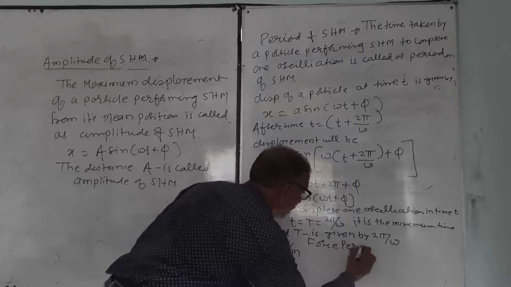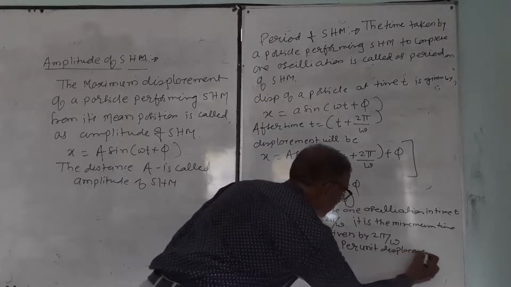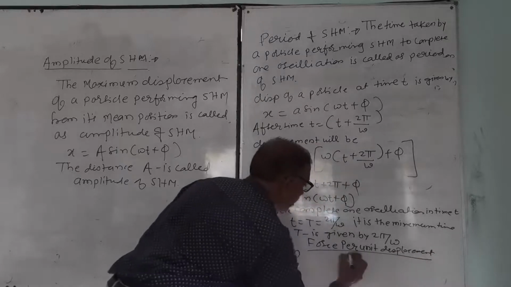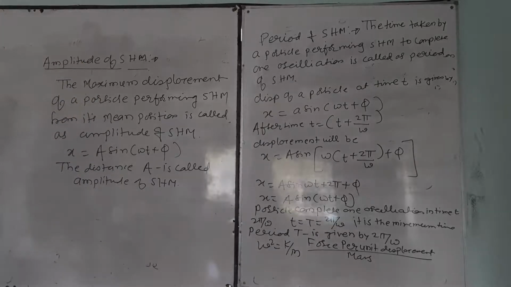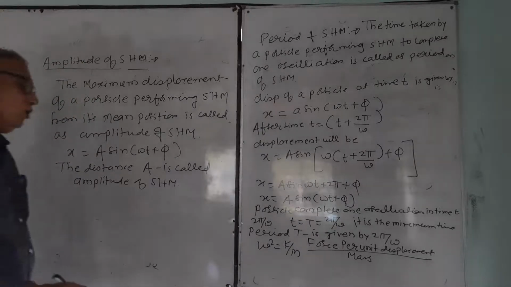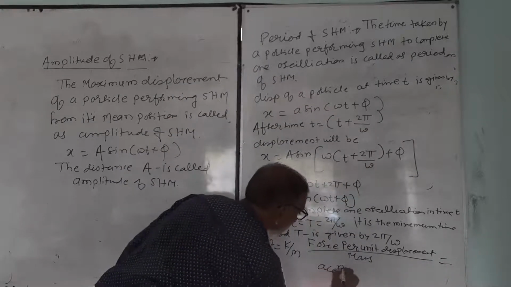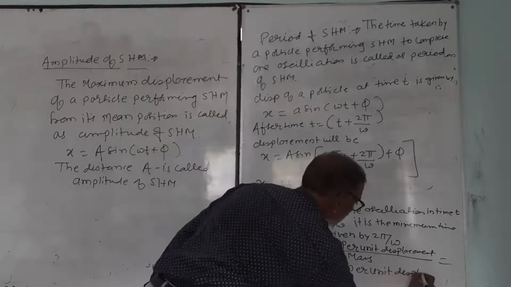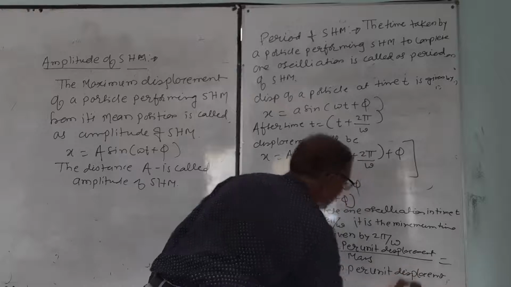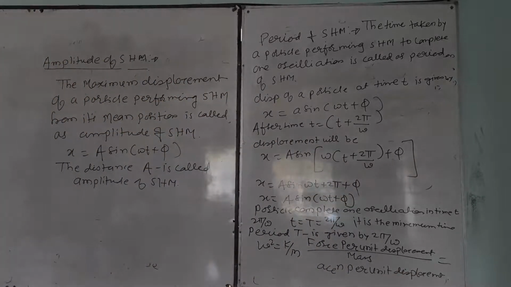Force per unit displacement upon mass is equal to acceleration per unit displacement.